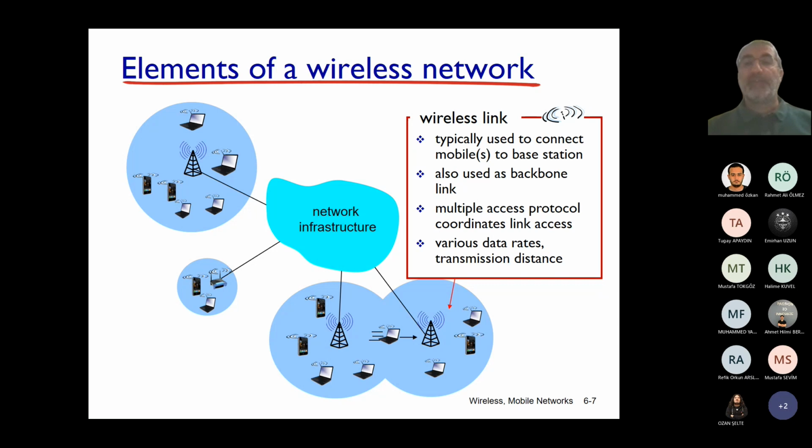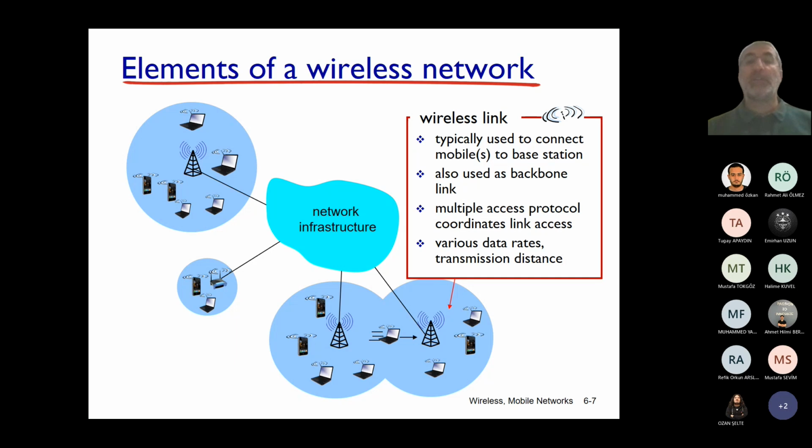The last component of a wireless network is called the wireless link. As the name implies, it connects the mobiles to the base station. Also, it can be used as a backbone link to connect base stations as well. Because this is a limited resource, we need a multiple access protocol so that we can coordinate the link access.